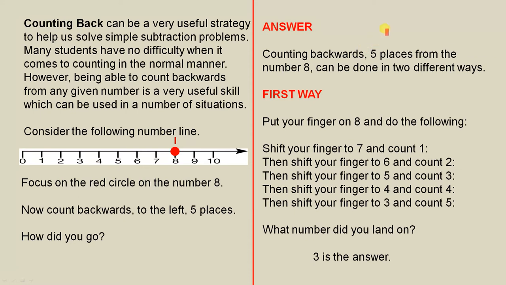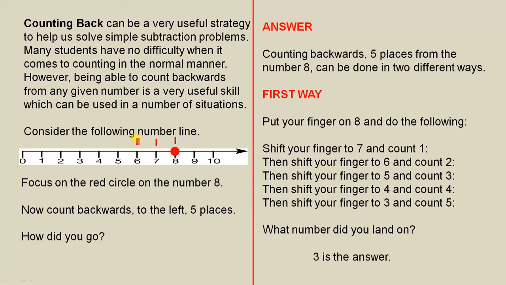The answer. Counting backwards 5 places from the number 8 can be done in 2 different ways. The first way, put your finger on 8 and do the following. Shift your finger to 7 and count 1. Then shift your finger to 6 and count 2.